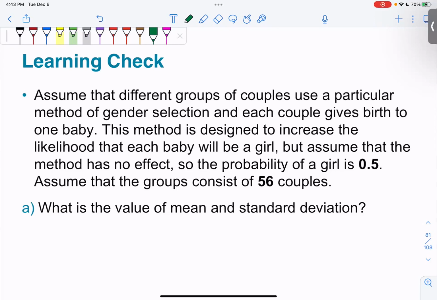We repeat that experiment a fixed number of times, n, the number of trials must be fixed. Which is here equal to what? 56. So now we have n equal 56 fixed. And then the second requirement, independent.